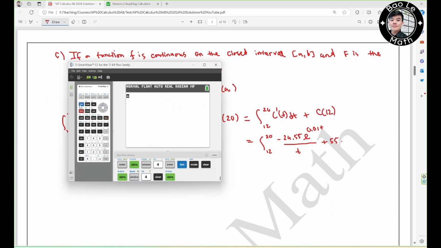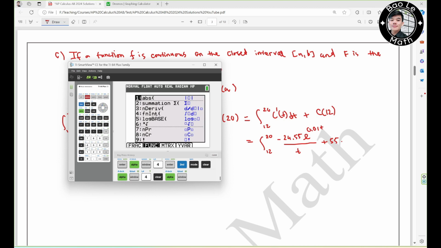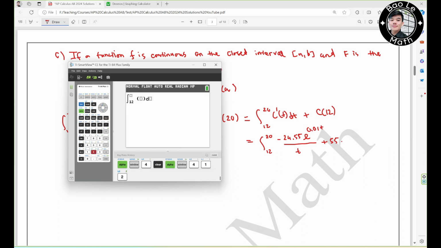Alright, on the calculator, pick number 4. So this is 12, this is 20, this guy negative 24.55 times e to the 0.01 t, which means x right here, over x, this is dx.